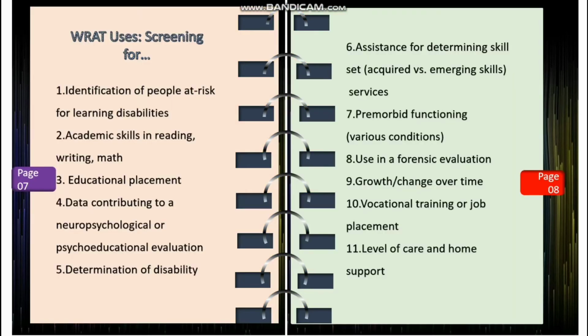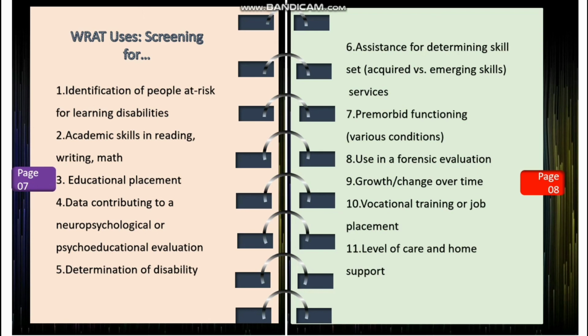WRAT is used for screening: first, identification of people at risk for learning disabilities. Second, academic skills in reading, writing, and math. Third, educational placement. Fourth, data contributing to a neuropsychological or psychoeducational evaluation. Fifth, determination of disability.